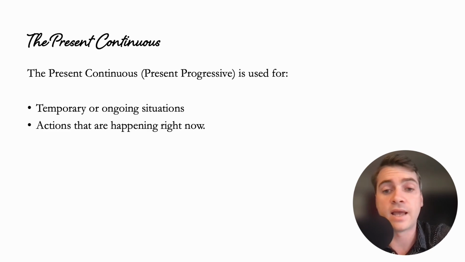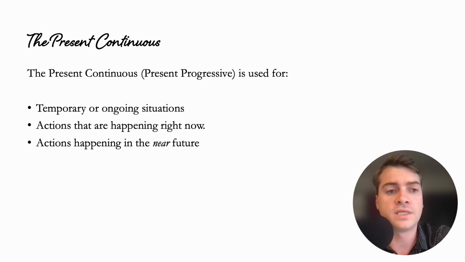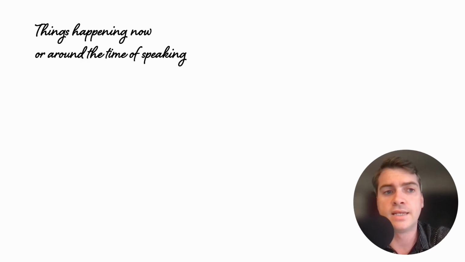So actions that are happening right now, that are in progress right now, we're going to use the present continuous to communicate that it's in progress right now. And then we can also use it for actions happening in the near future. So something that is going to happen soon, in the very near future, we can also use the present continuous.